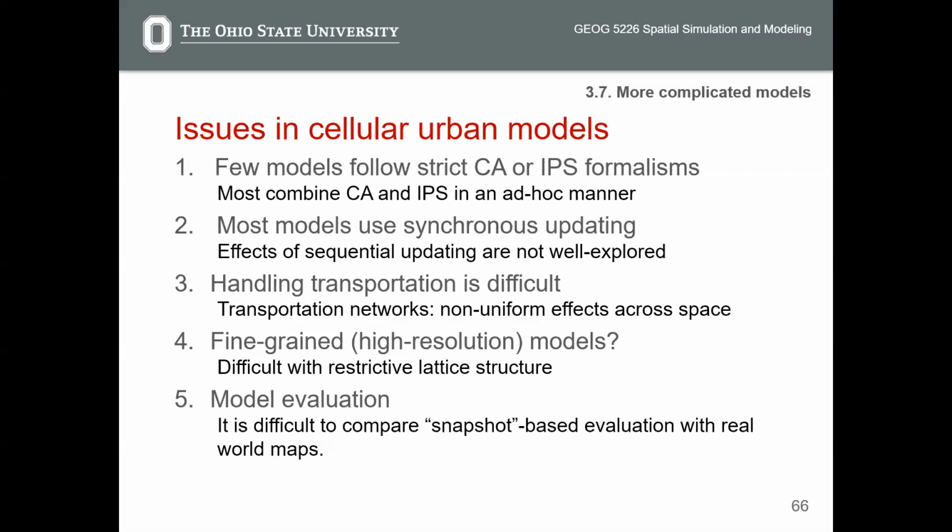And fine-grained or high-resolution models can be pretty hard for CA, because when we are looking at a specific place with high resolution, you will see that each building has its own shape.